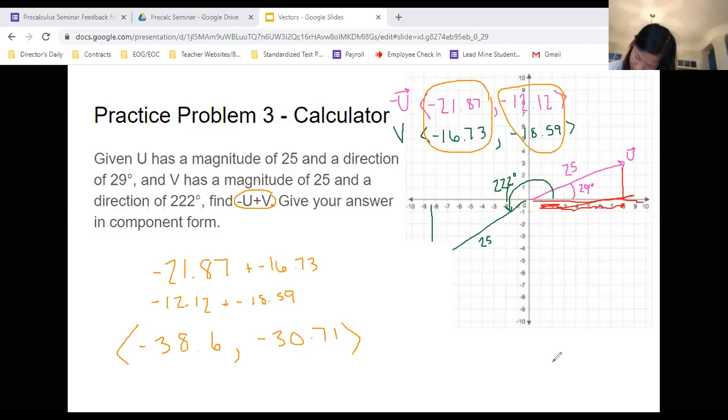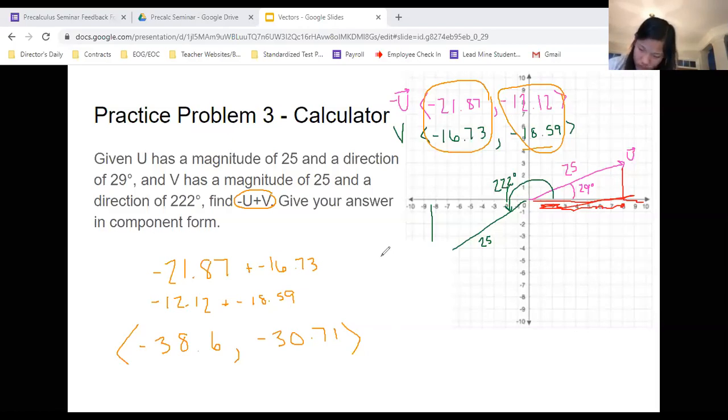So my cosine and sine were flipped when I was finding v. I found the right values, just swapped. So for v, you got negative 18 for your x coordinate and negative 16 as your y coordinate. Did anybody else get that? What angle did you plug in when you plugged it into your calculator?